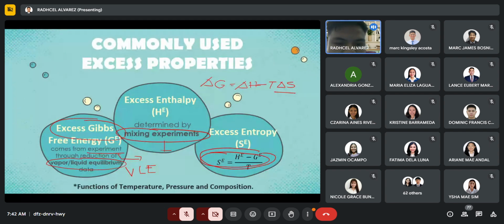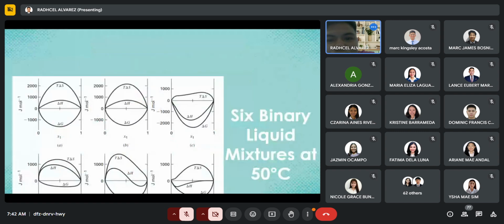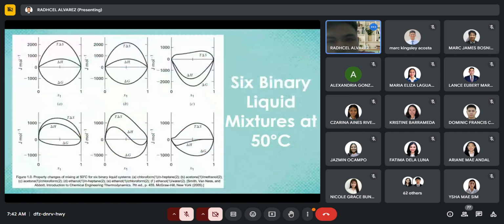Okay. So, let's continue. Same lang. These three properties are all functions of your temperature, pressure, and composition. So, actually, this is an experimental data or graph involving the six binary liquid mixtures at 50 degrees Celsius. So, ito yung trend ng properties na pinagbasihan.